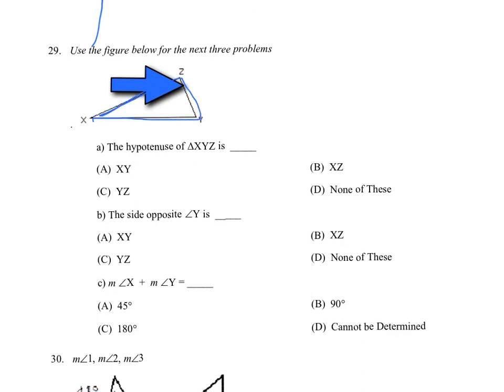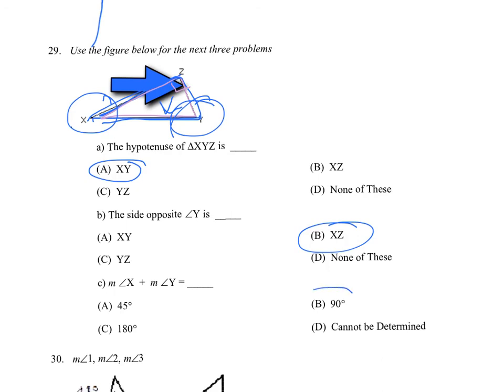I'll draw that over there. That was the right angle. So xy is the hypotenuse because it's opposite the right angle. Opposite angle y would be xz. And the measure of x plus y, these two angles would add up to equal 90 degrees since this angle is 90.